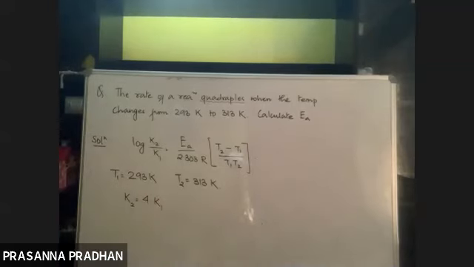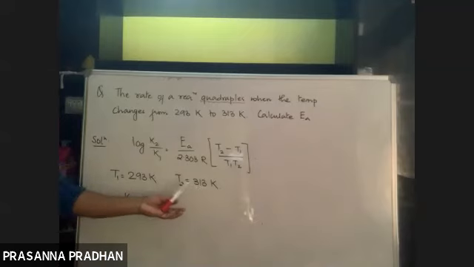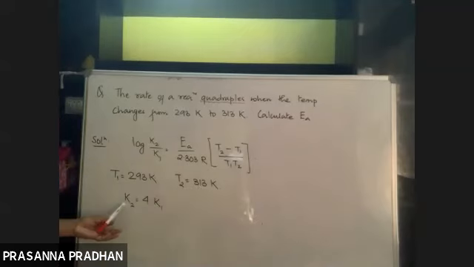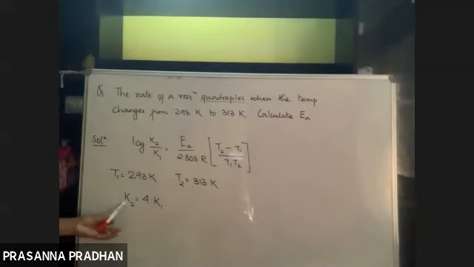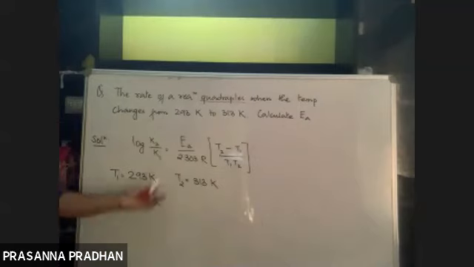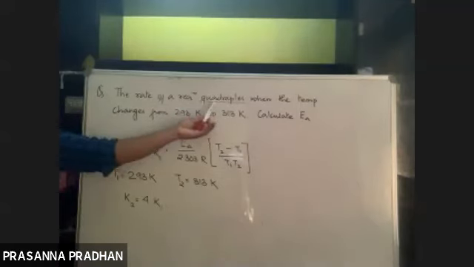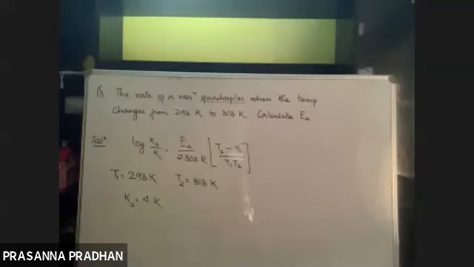If the rate of a reaction doubles, you write K2 is equal to twice K1. If the rate becomes triple, you write K2 equals 3 K1.